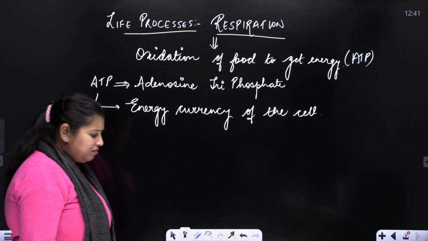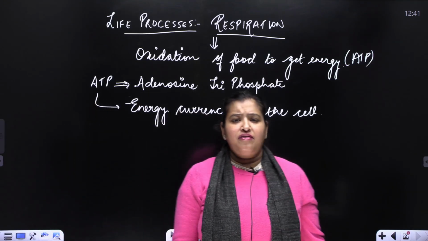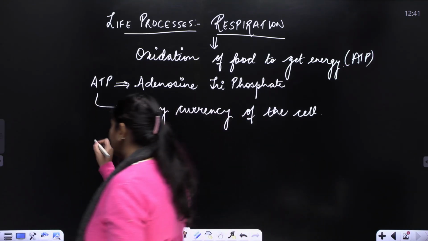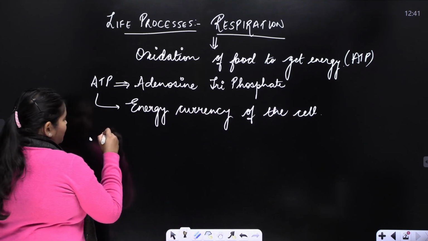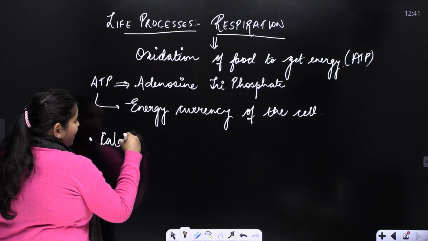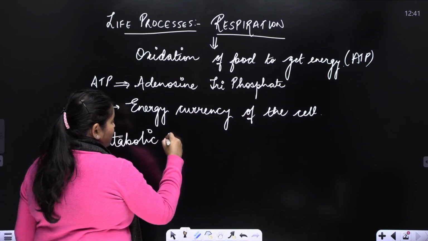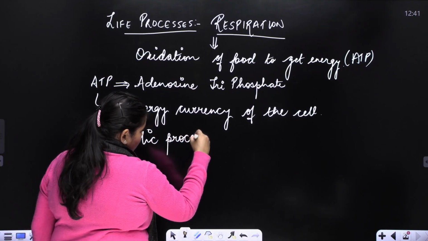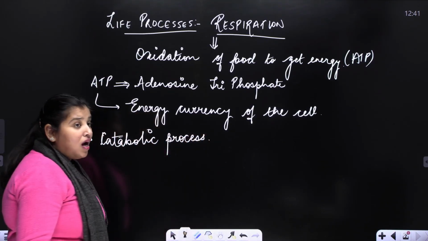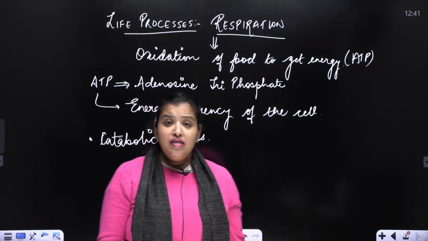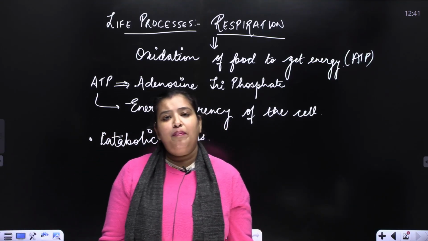All right. Now, what type of process is respiration? Respiration is a catabolic process. I have discussed the words catabolism and anabolism in a separate video.